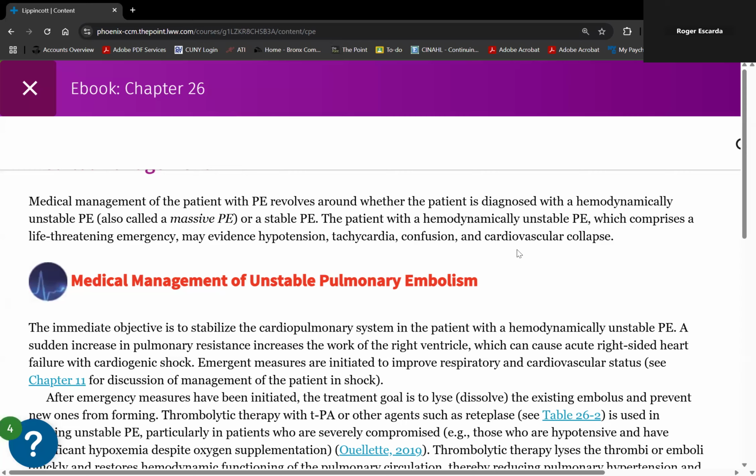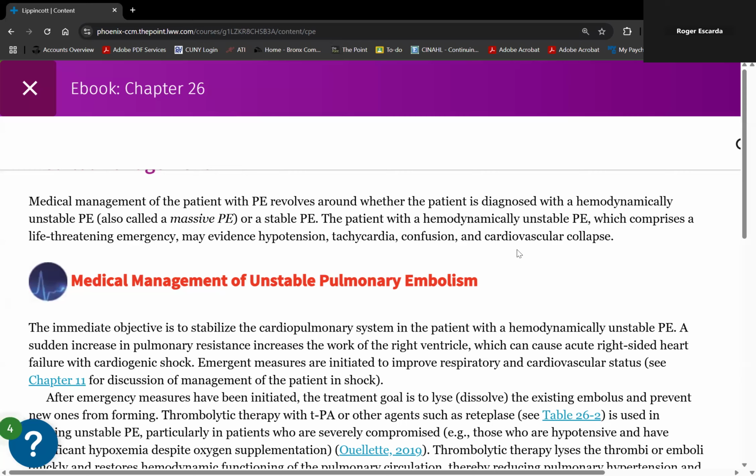If those pulmonary arteries are blocked, what will happen to the right side? Congestion, it will fail like this. Plus what happens to forward blood flow? We need to get blood into the pulmonary arteries, right, and they need to come back via the pulmonary veins. Since they can't pass through the pulmonary arteries, what happens to cardiac output? It drops. That's why they are hemodynamically unstable. They actually go into cardiac arrest.